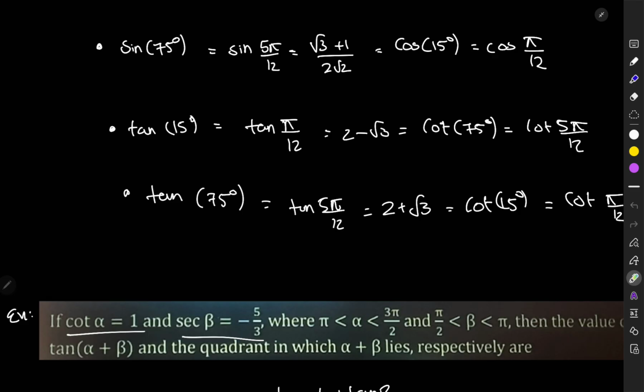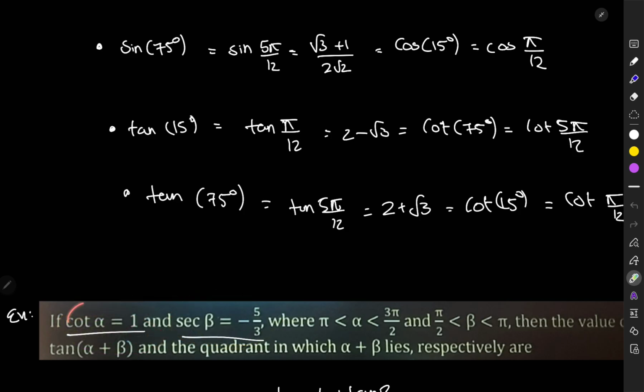From this we need to find tan alpha plus beta, and the quadrant of alpha plus beta. Since we know cot alpha is equal to 1 and sec beta is equal to 1, I can use the triangle formula and find tan beta, and also say tan alpha is equal to 1, right?